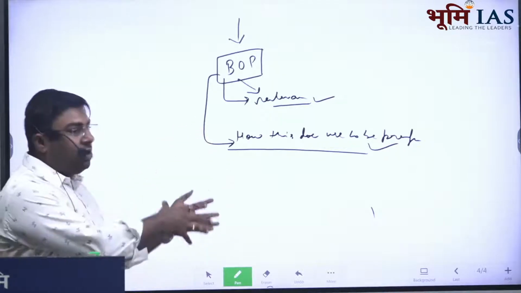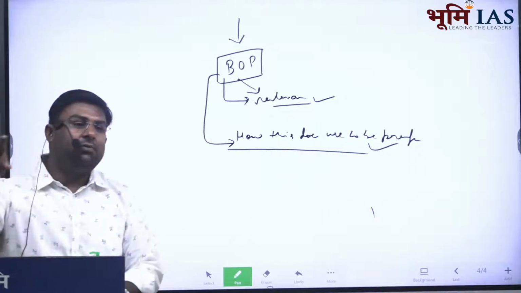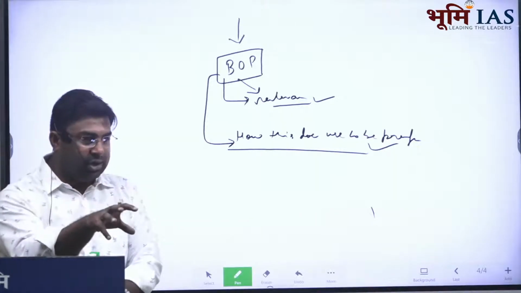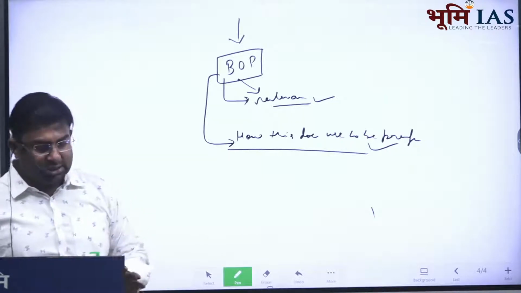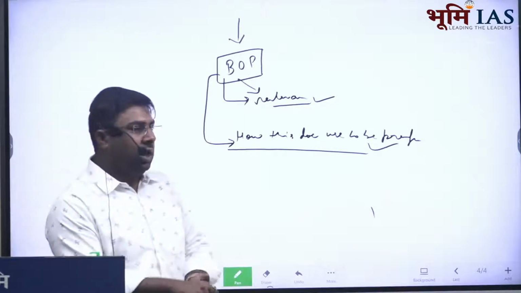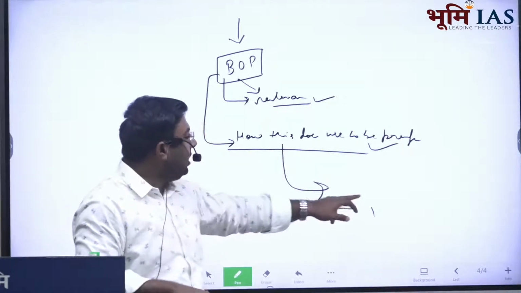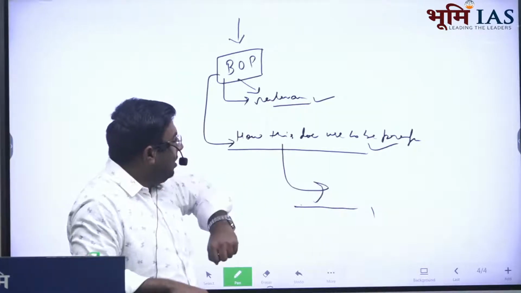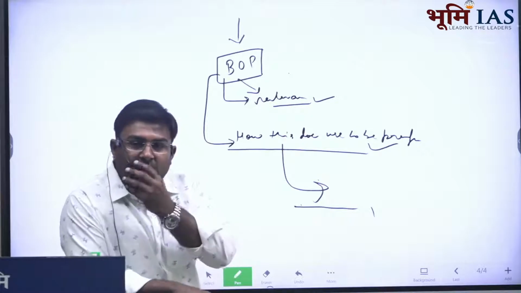That this document provides a satisfactory answer to different national or international level challenges. Fine? So not only this, there can be a multidimensional role of this balance of payment document in providing satisfactory answers. Fine?